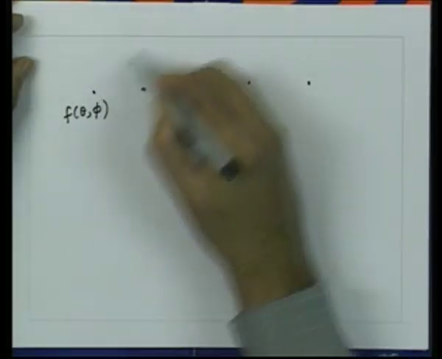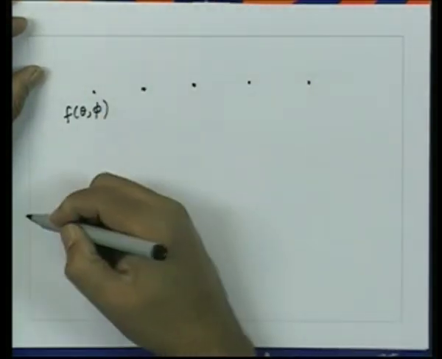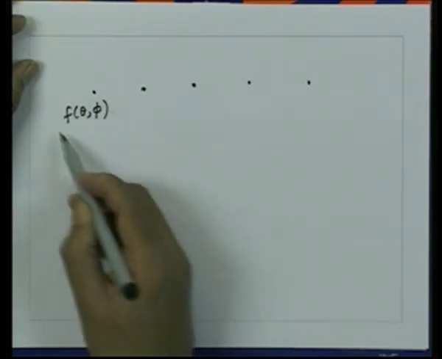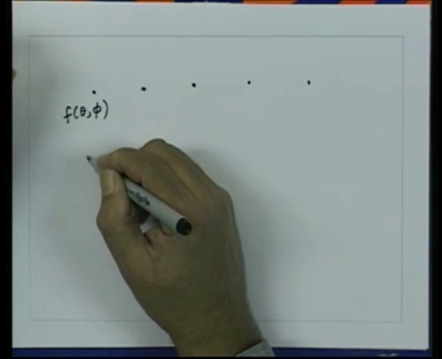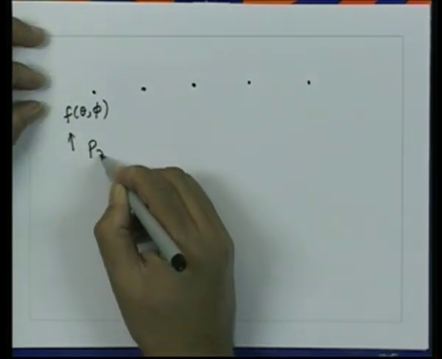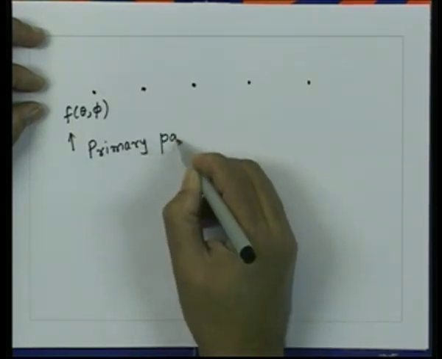That means if I go to some direction theta and phi, now the fields will not be uniform because of the individual elements, they will be weighted by this function which we call the primary pattern of the antenna element.